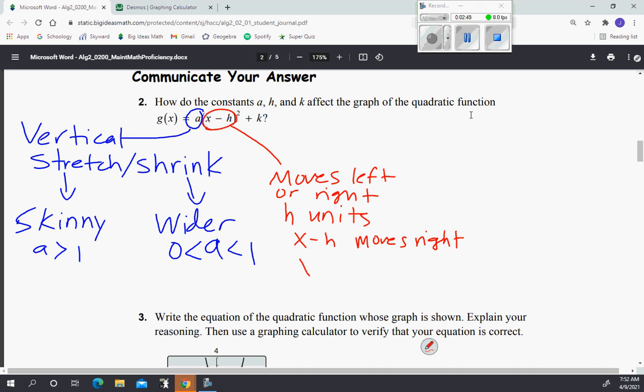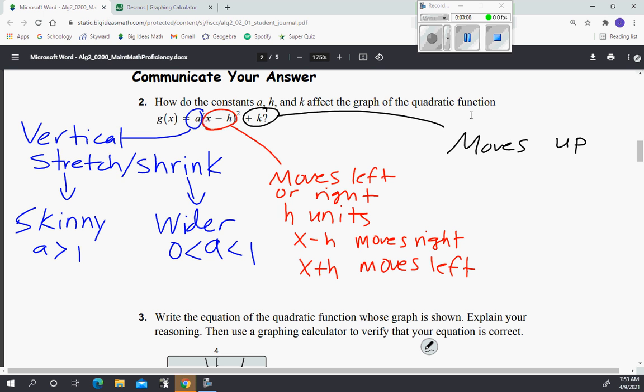And if it's x plus h, it moves left. And then this last part, plus k, moves it up and down. If it's plus k, it goes up. Minus k goes down.